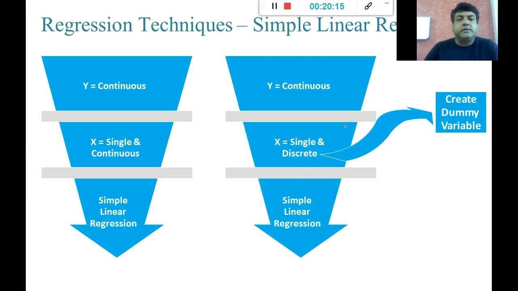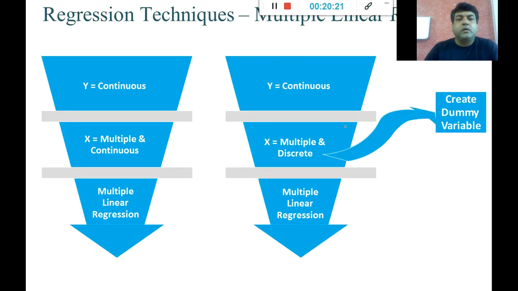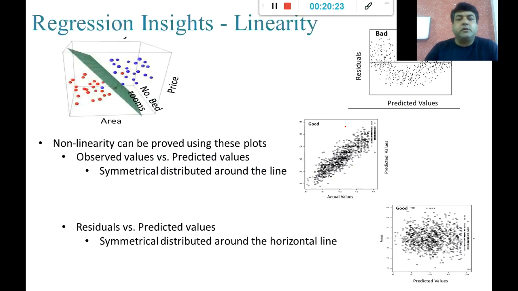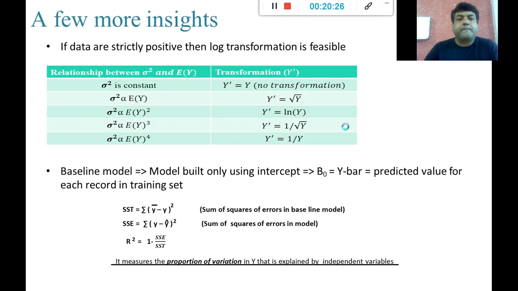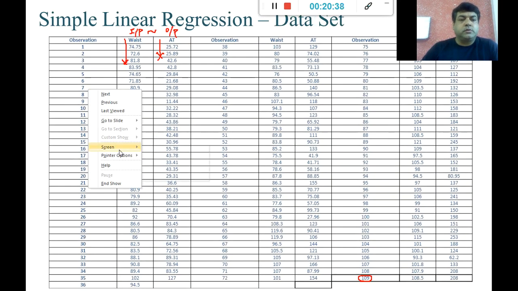So what I'm going to do is, if I am not getting a better R square after building the first model, which I call a basic model, I will check this R square, I will check some other parameters, and I will decide that this model is not good enough, so I will go for another model.